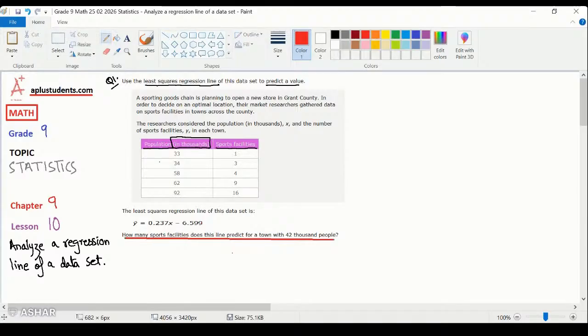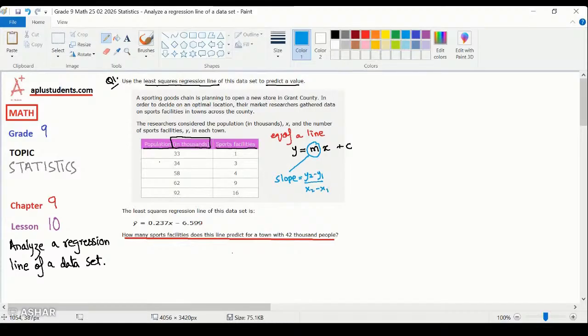Okay. We know for a straight line, linear, the equation of a line is always y is equals to mx plus c, where m represents the gradient or the slope, and the formula for the slope is y2 minus y1 upon x2 minus x1.